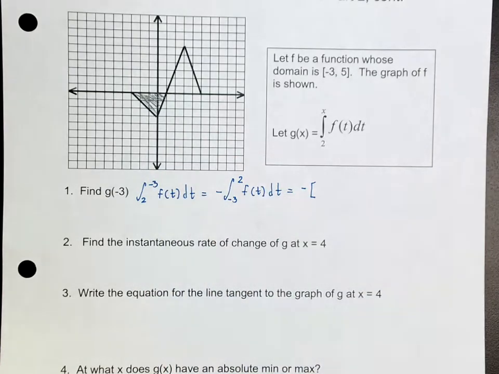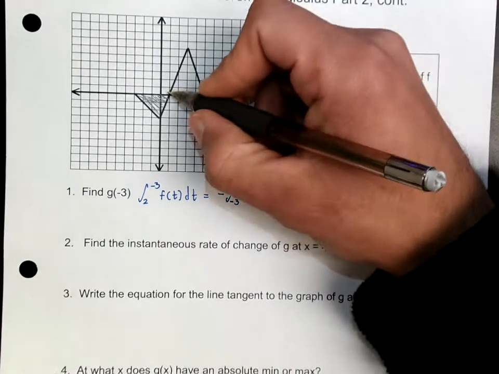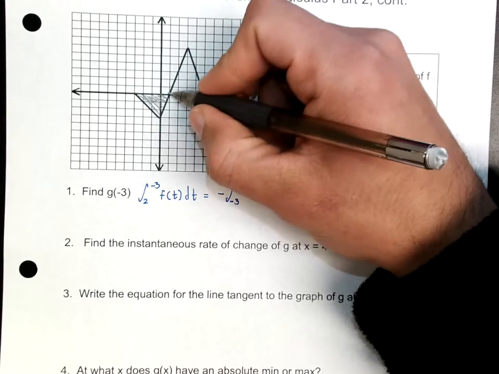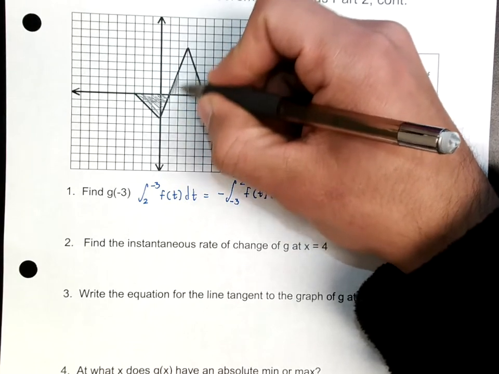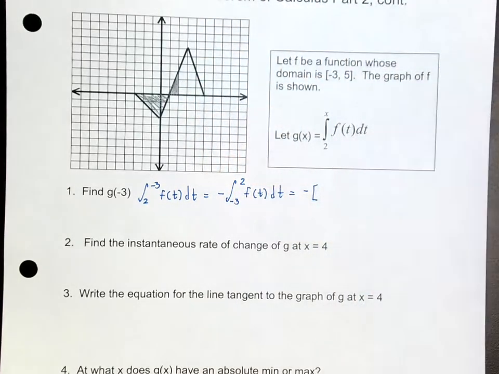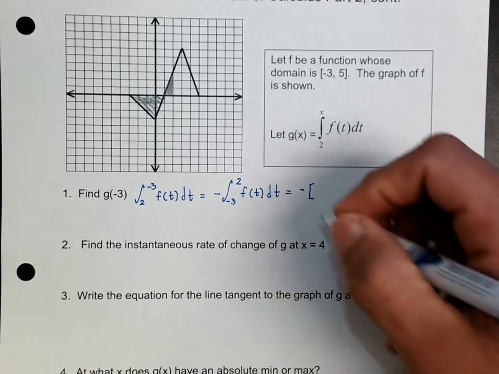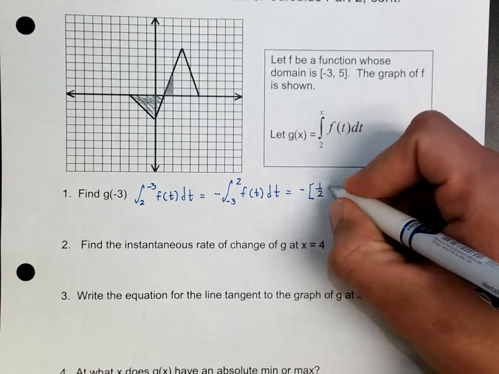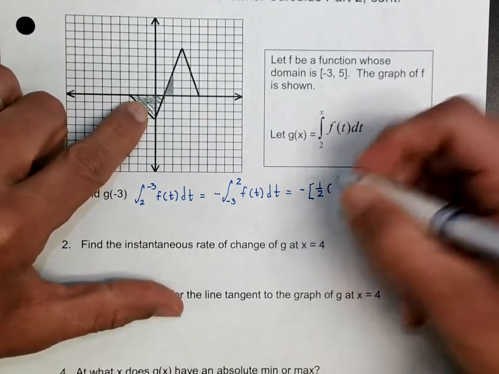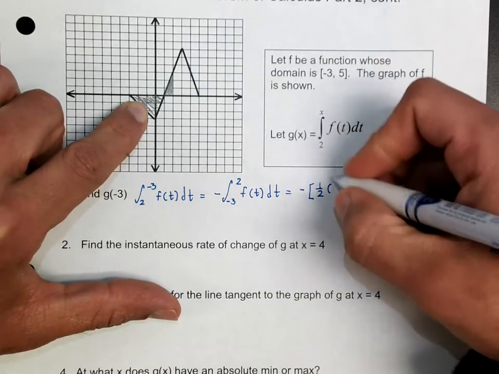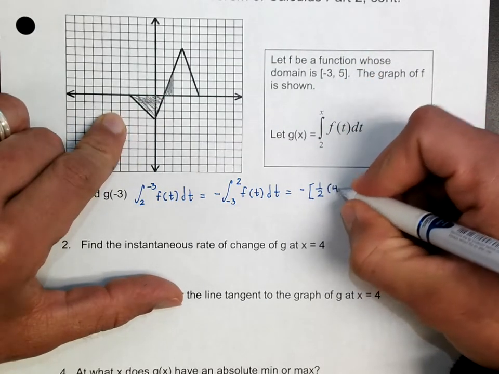over here. So the area of that triangle, notice this is going to be negative, plus the area of this triangle right here. Okay, so notice that the area of this triangle right here is going to be 1/2. The base is 4.